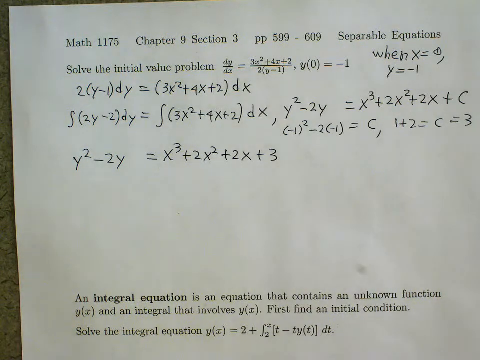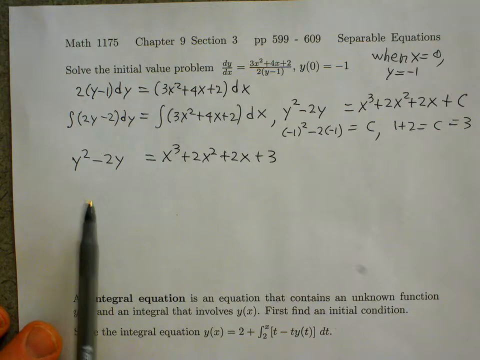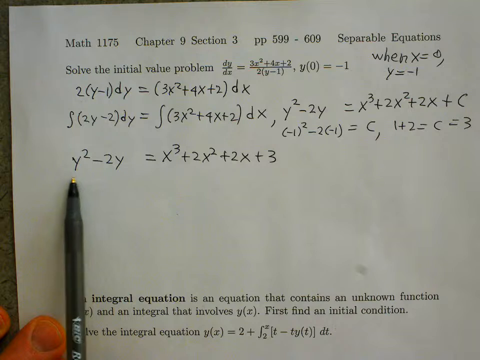We want to solve for y, but we have y squared minus 2y. So any ideas? What we're going to do is create a perfect square trinomial from y squared minus 2y.